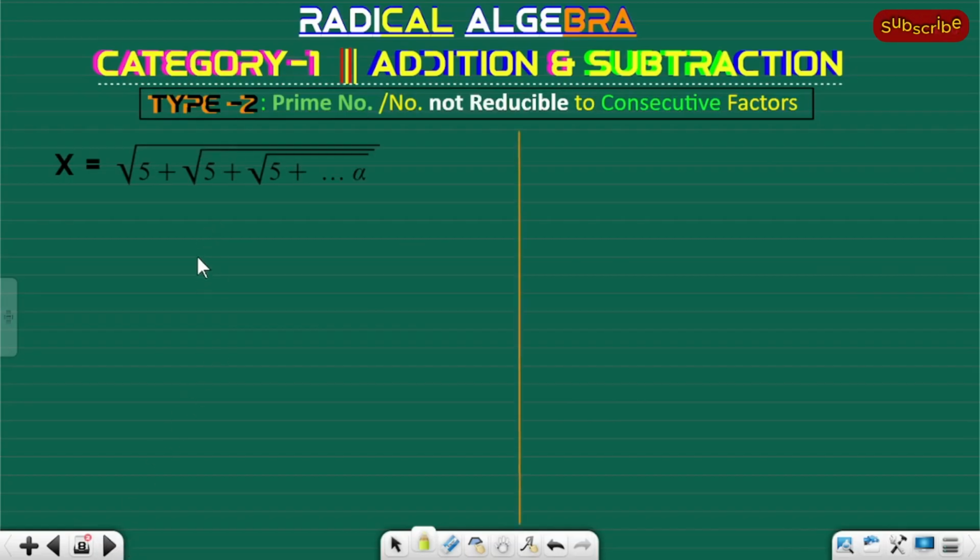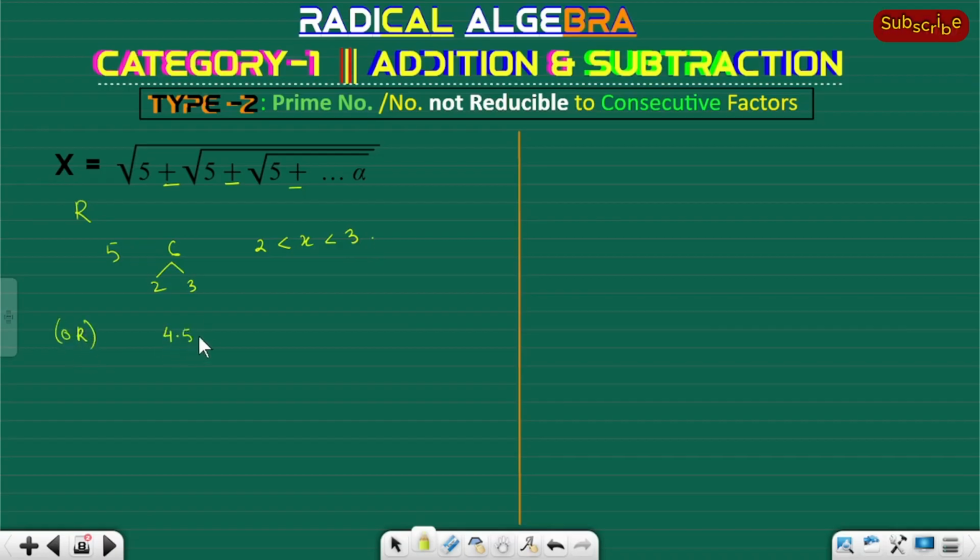Here let's see. This is positive, so we will use the right method. 5, next number is 6, with factors 2 and 3. So X lies between 2 and 3. Or we can use the direct formula.